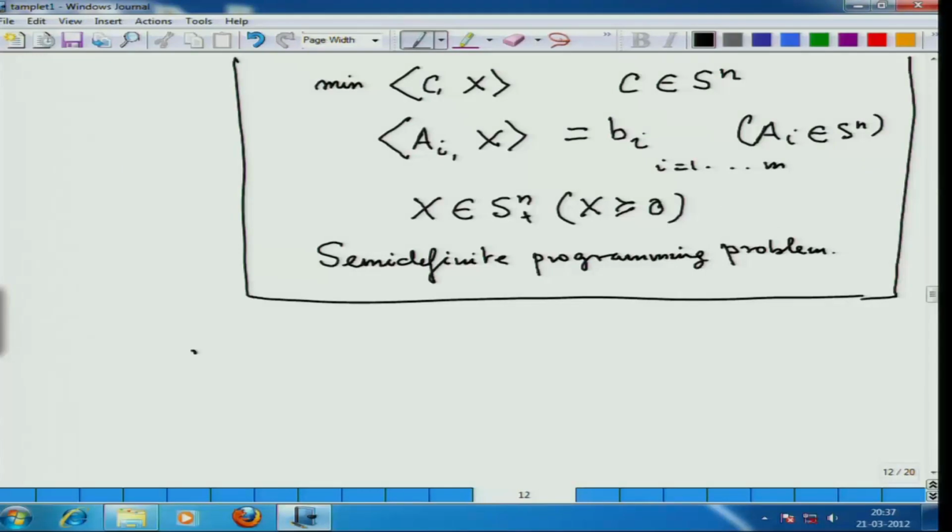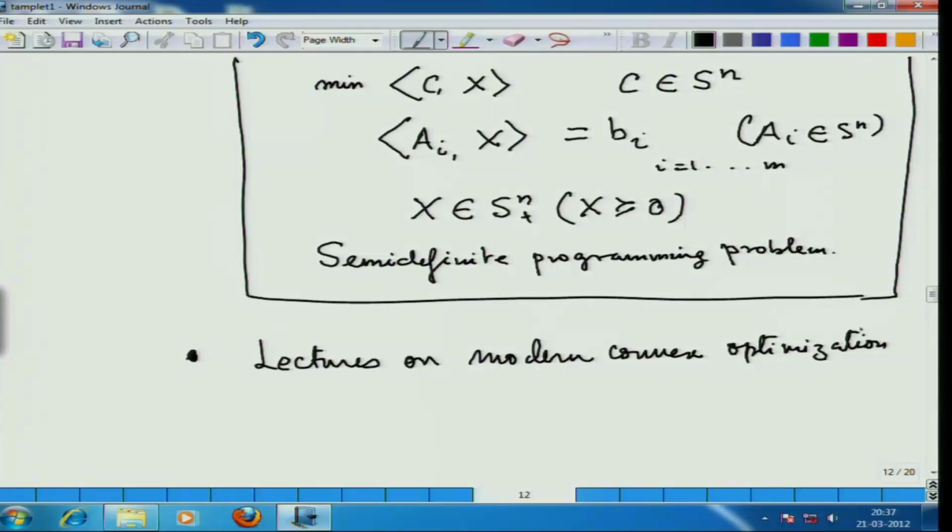If you want to know more about these classes of problems, I would suggest you a book called Lectures on Modern Convex Optimization by Ben-Tal and Nemirovski.